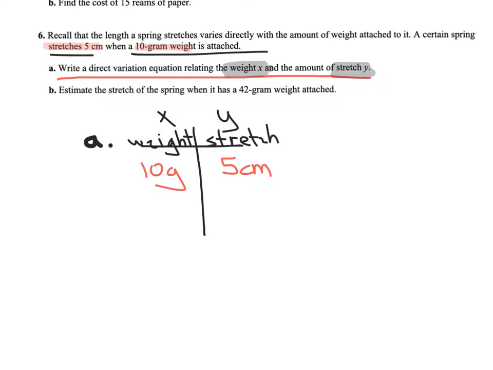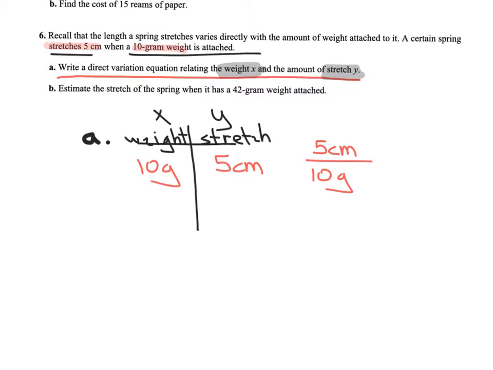Now I'm going to find my constant of proportionality. So I'm going to divide my stretch, which is 5 centimeters, my Y value, divided by my weight, or my X, which is in grams. And again, remember that to find your constant of proportionality, you need to divide your Y value by your X value. Now I'm going to simplify this so that I can figure out how many centimeters does my spring stretch for every 1 gram.